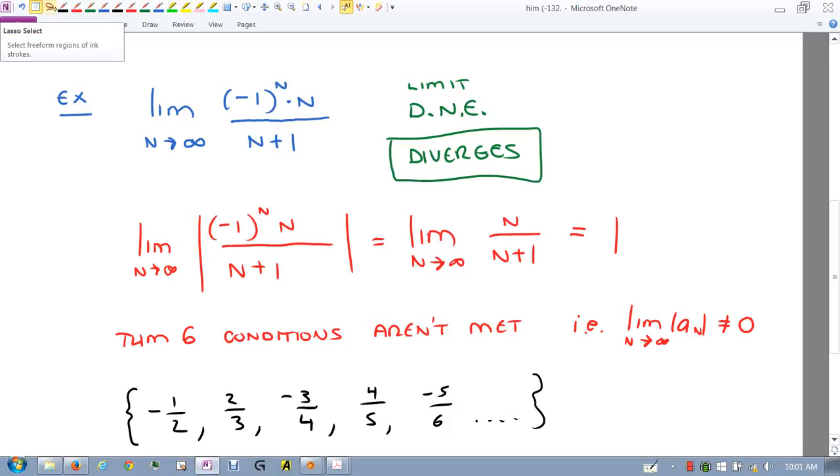All right, how about this? Limit as n goes to infinity of (2n plus 1) factorial over (2n plus 3) factorial.